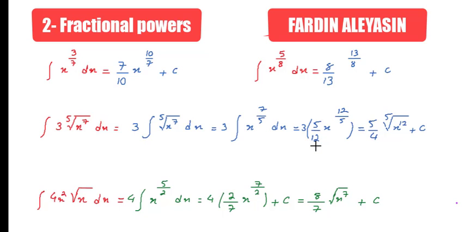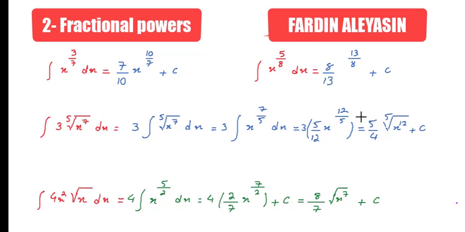This 5/12 is the inverse of my new power in the result that I spoke about in the power rule, and this 3 is the same 3 which in the first step I brought out. 3 and 12 simplify together, and the coefficient will be 5/4 in the final answer. Of course, I write x to the power 12/5 as a radical, the 5th root of x to the 12.